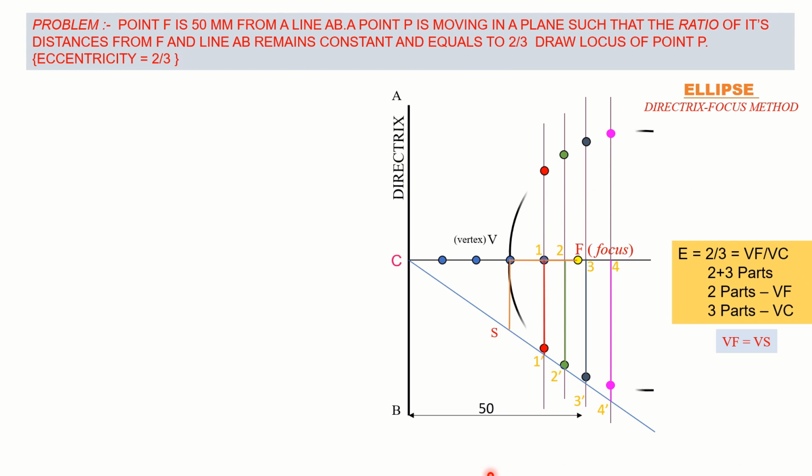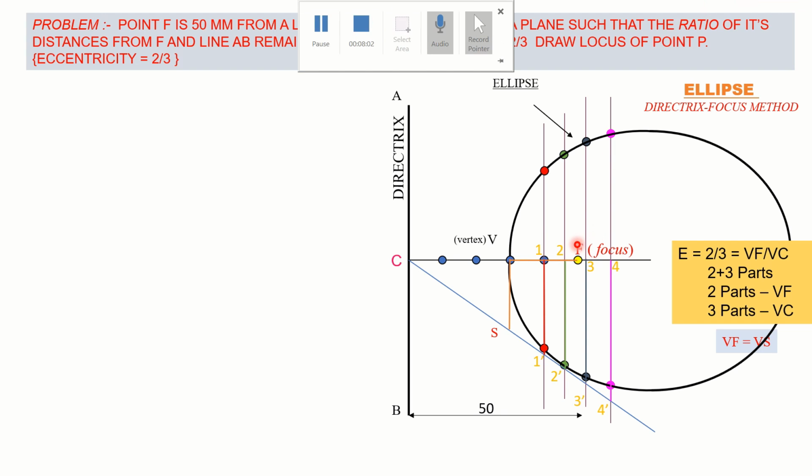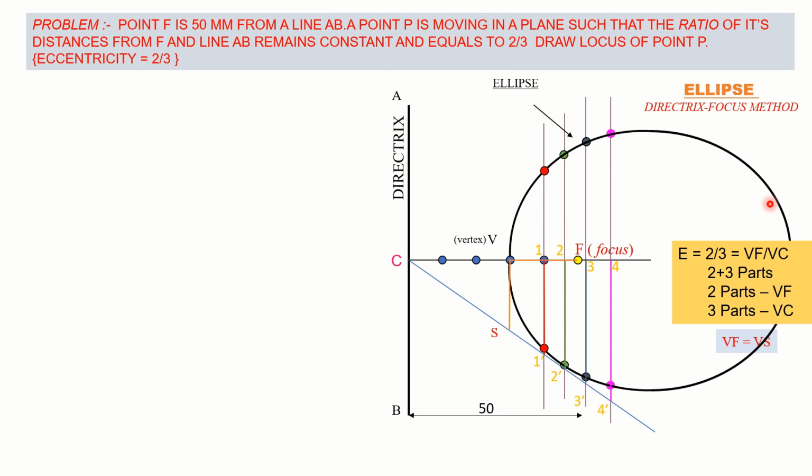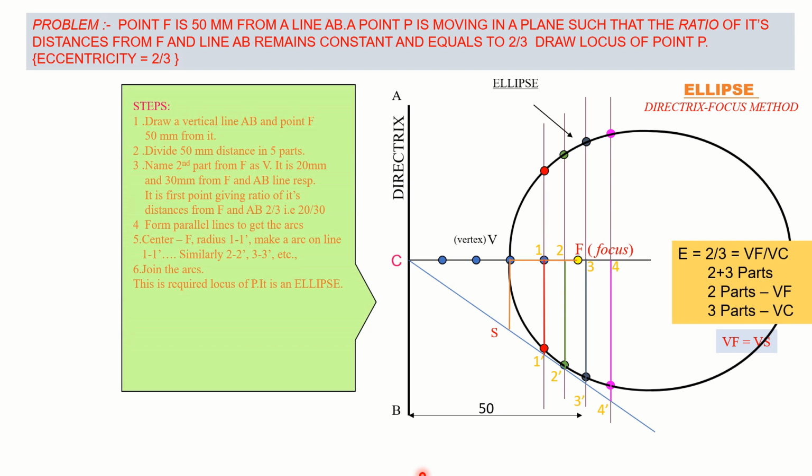You have to draw parallel lines up to 10 or 11, 12, like that. You need to draw 12 parallel lines in order to obtain the ellipse. I have drawn only 4 lines. Okay, this is the method to draw an ellipse by using the eccentricity method.